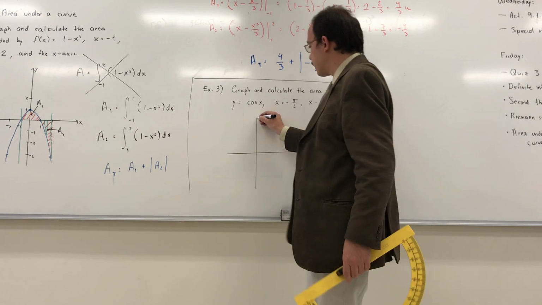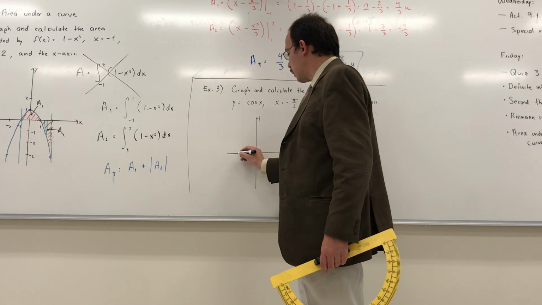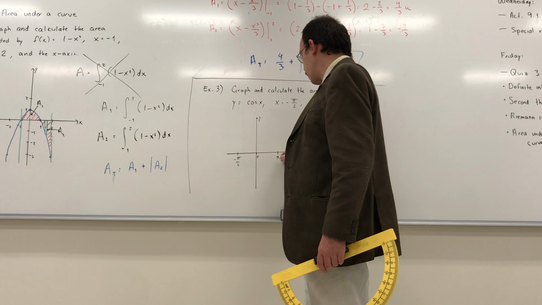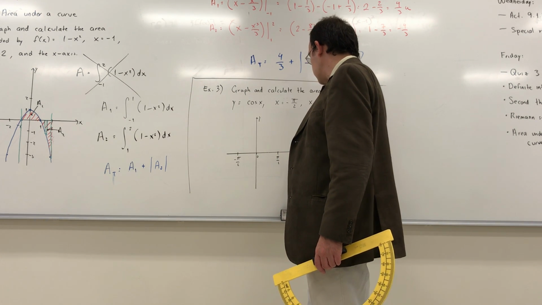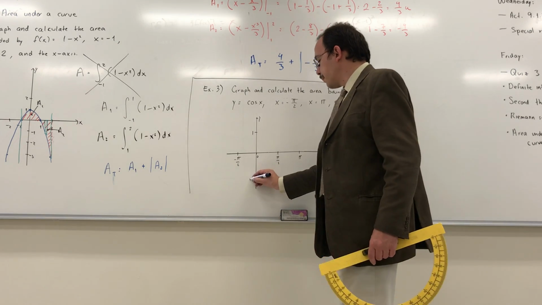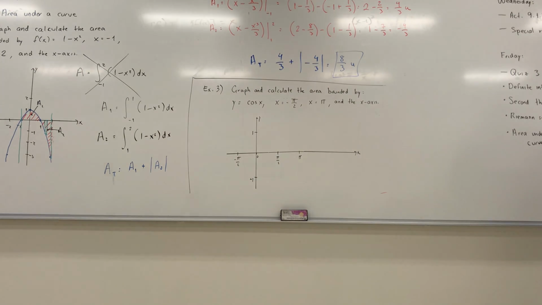So, for example, in this case, this is 0, minus pi over 2, pi over 2, and pi; 1, minus 1. Okay? So, like you said, at 0 it is 1.